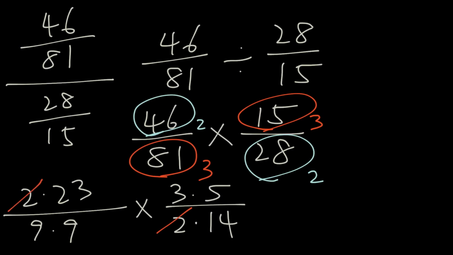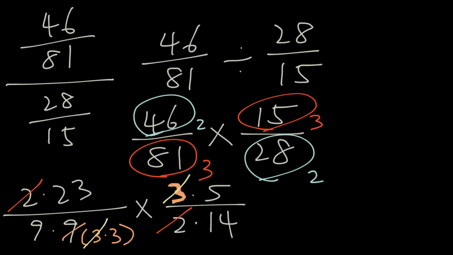And from here, we can cross out the 2. And if we look at the number 3 here, we can see that it could cross out with a 9. So we'll change one of the 9s to 3 times 3. Then we can cross this 3 out with this one.